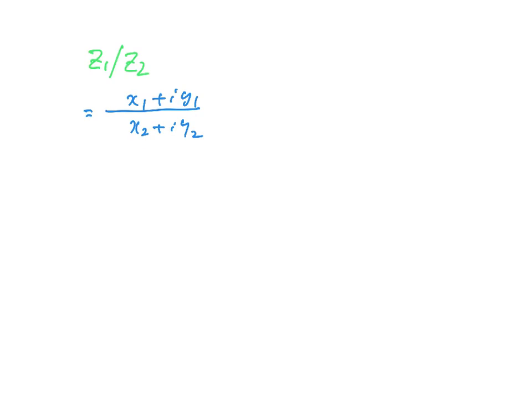So let's say I'm going to multiply by x2 minus i y2 over x2 minus i y2. This is basically 1, right? No matter how complex the numbers you have, if you divide by the same thing, you always get 1, right? Even if you don't know how to divide complex numbers, if you multiply by something and divide by the same thing, it's supposed to be 1, right?